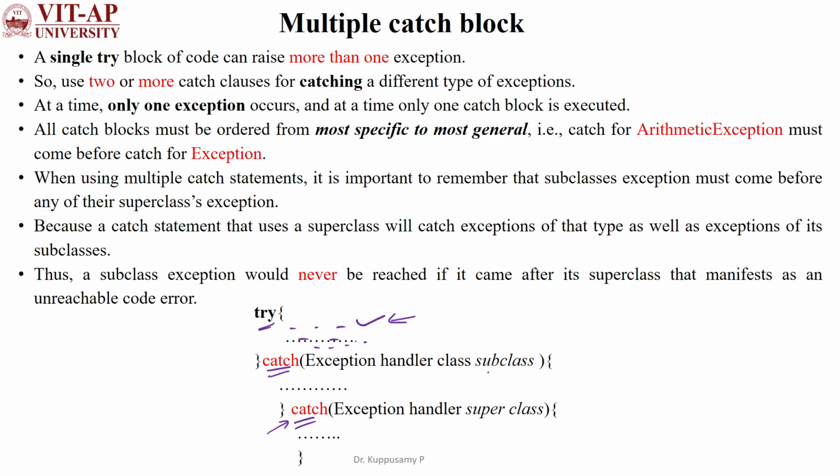But when you are writing separate catch blocks, the subclass exception must be given first, and finally at last you give the superclass exception. For example, for a subclass you can give number format exception, and finally after all catch blocks you write the superclass exception, that is Exception.